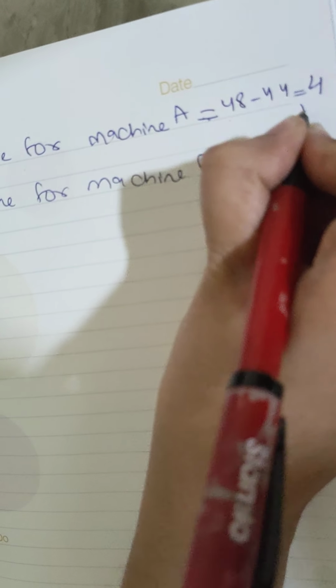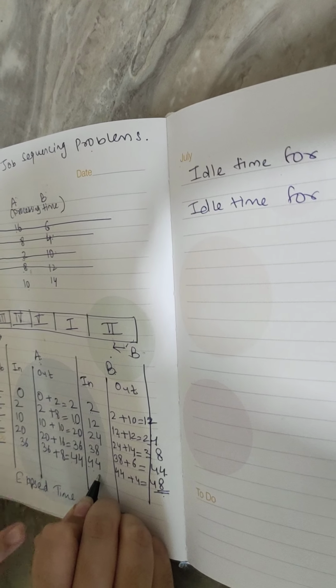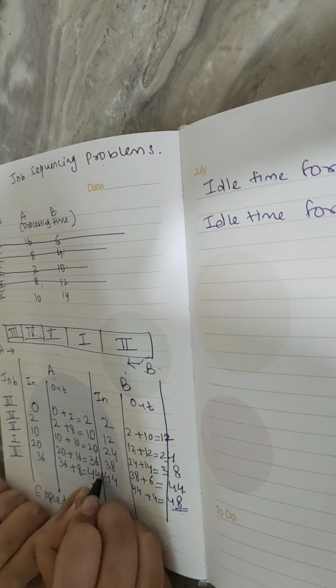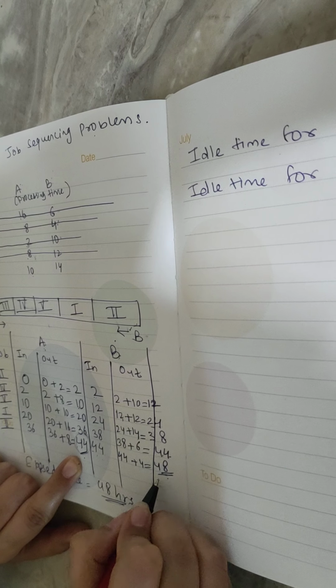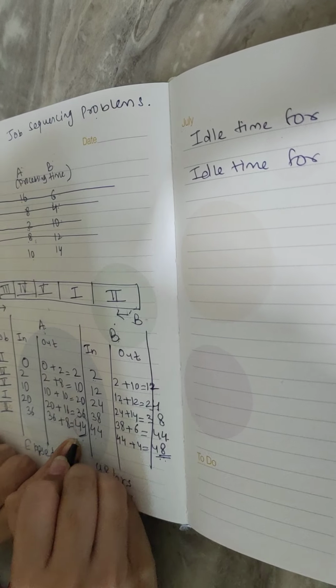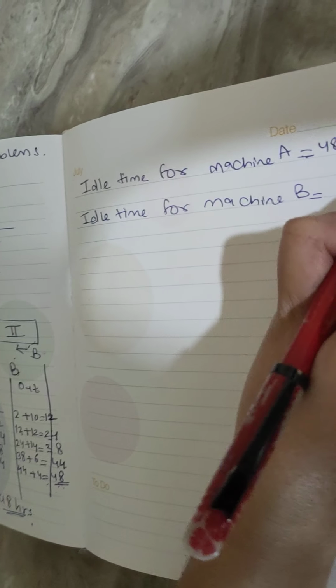That is 4 hours. Okay, why 48 minus 44? Because the work of machine A is completed at 44th hour and machine B work completed at 48 hours. So for 4 hours machine A has no work, it is ideal.